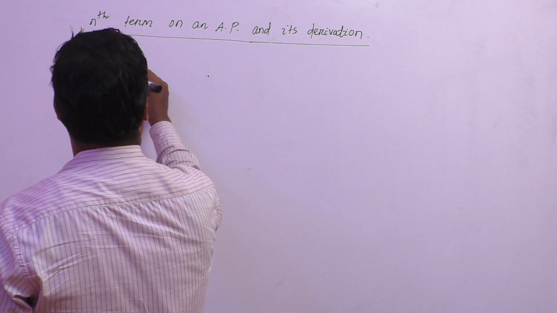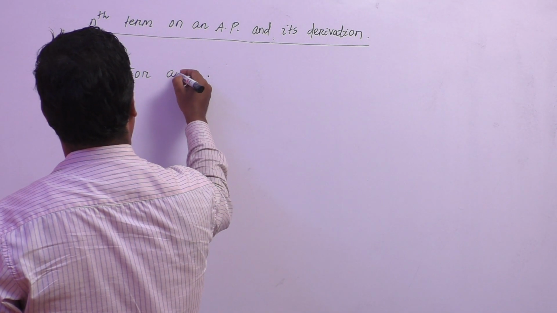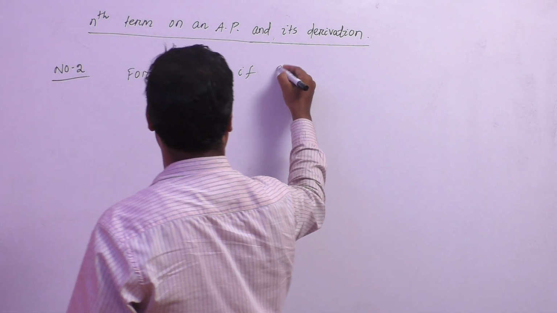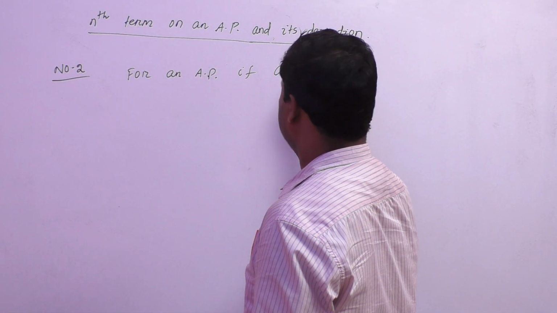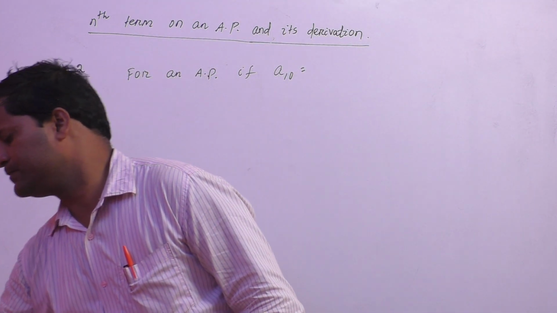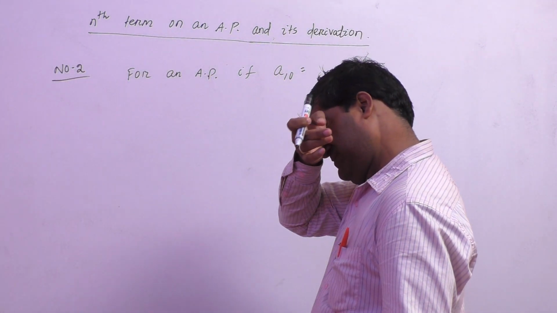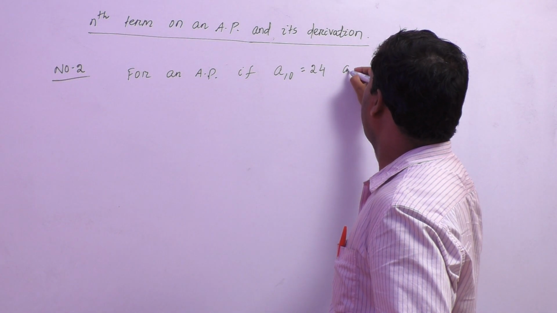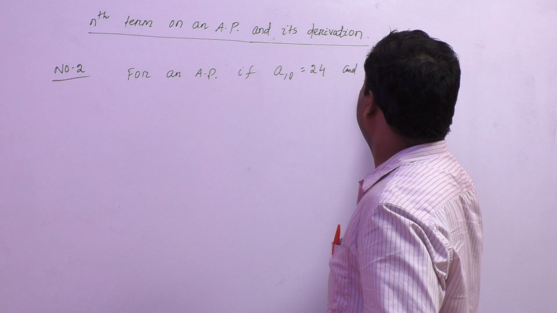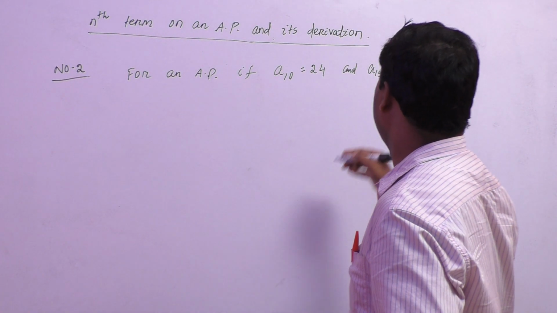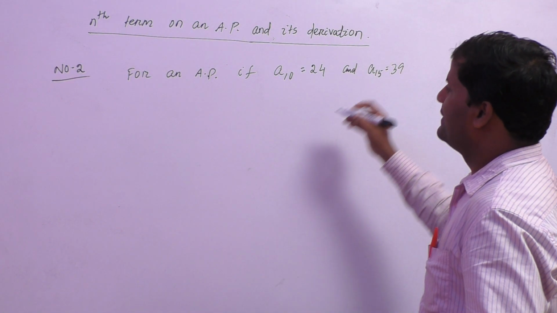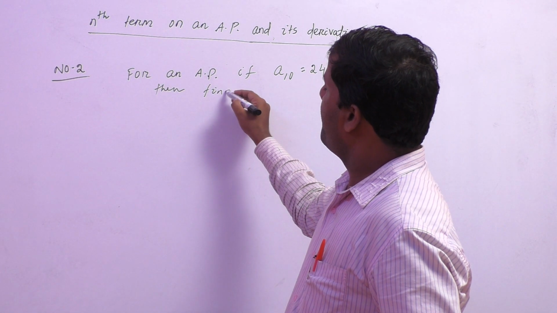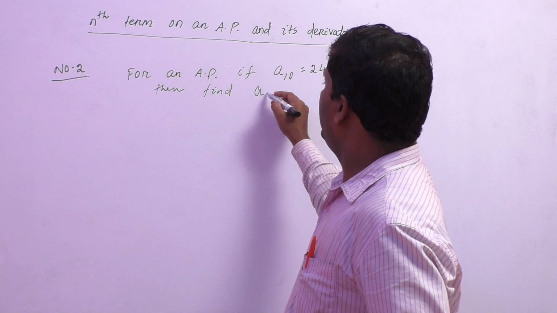for an AP, if a10 is equal to 24 and a15 equal to 39, then find a50.